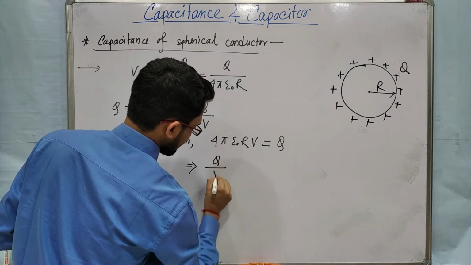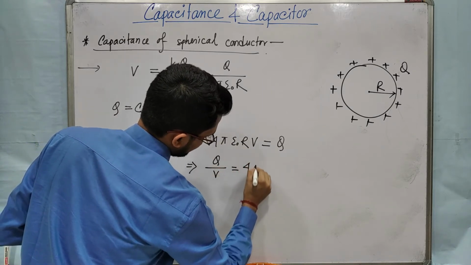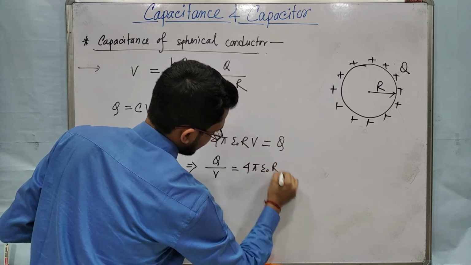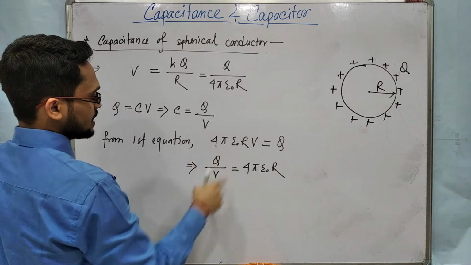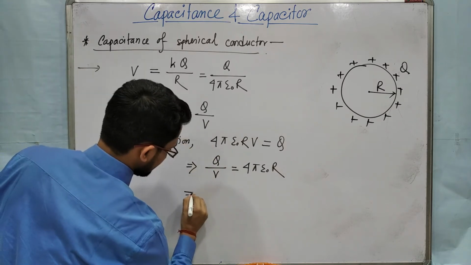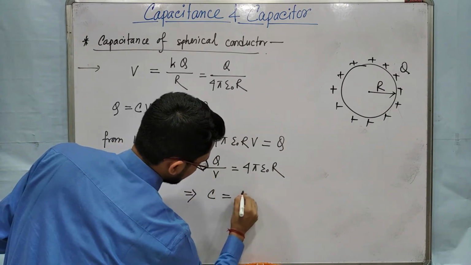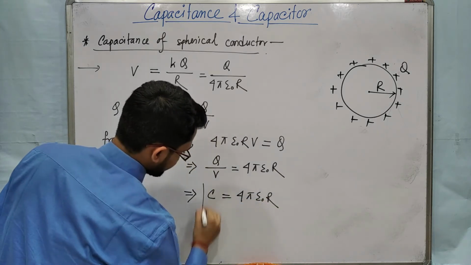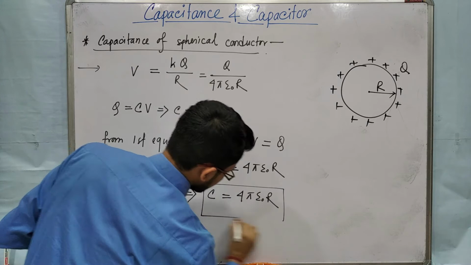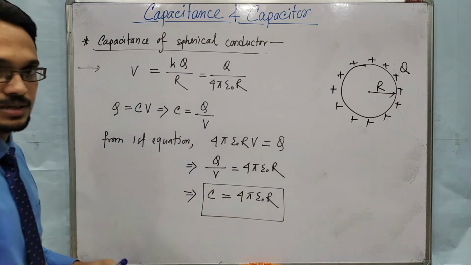And Q by V is C. So C equals 4 pi epsilon 0 r.